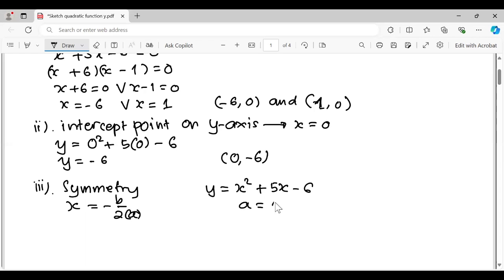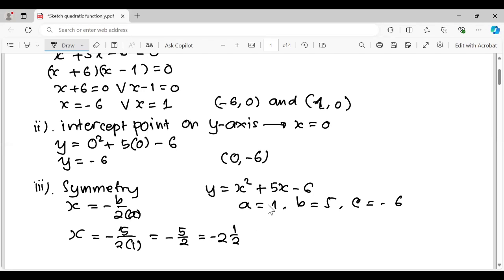So a equals 1, b equals 5, and c equals minus 6. So substitute into this formula, it becomes x equals minus 5 over 2 multiply 1. It is minus 5 half.